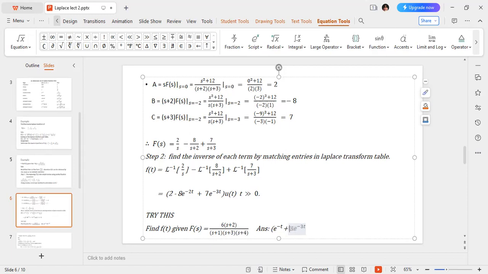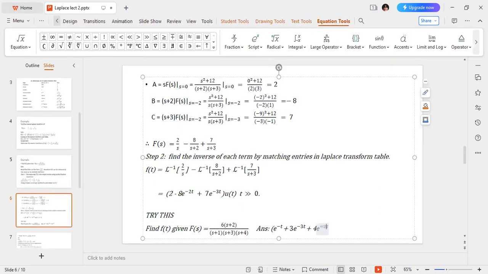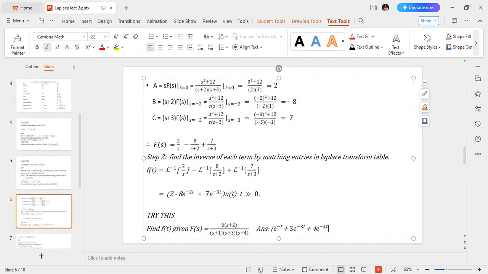then 4 exponential minus 4t, times u of t.